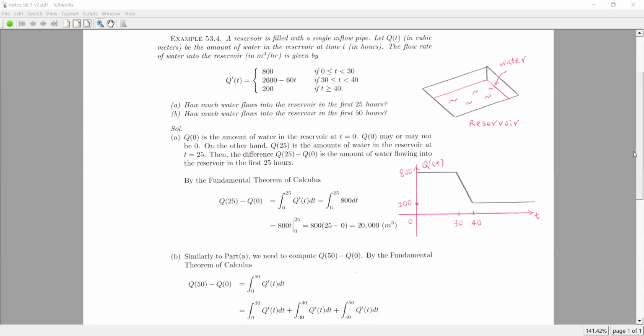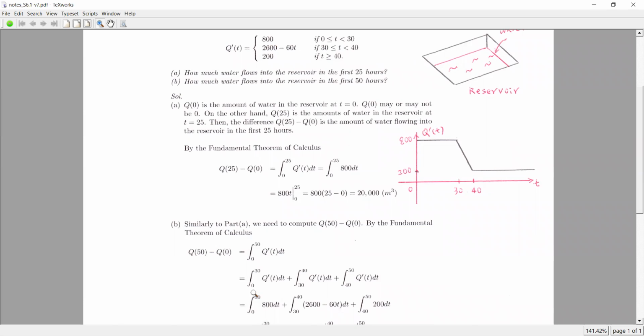So I have this integral. When t is between 30 and 40, by the definition here, the derivative of Q is 2600 minus 60t. So I have this integral. When t is between 40 and 50, the derivative of Q is 200. So I have this integral.